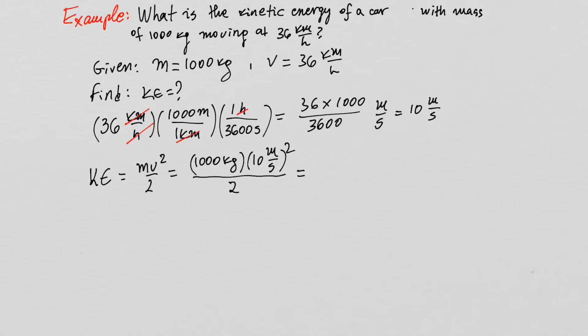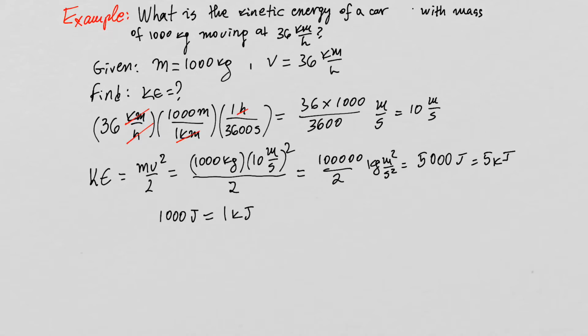This is equal to 100,000 divided by 2 kilograms, meters squared per second squared, which is equal to 5,000 joules or 5 kilojoules. And here I used the fact that 1,000 joules are equal to 1 kilojoule. So that is the kinetic energy of this moving car.